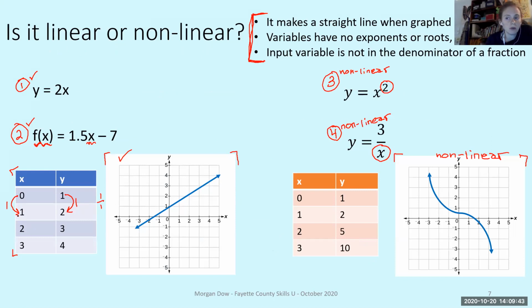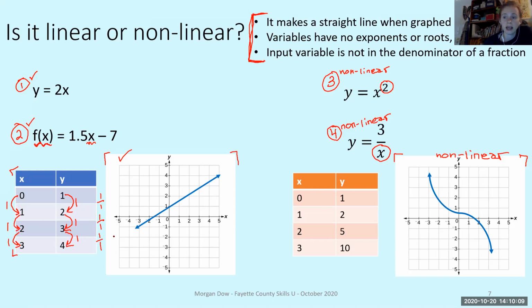And let's make sure, we want to see, does that ratio stay the same throughout the whole table? So when I go from 1 to 2, that's a change of 1. When I go from 2 to 3, that's a change of 1. So I get the same ratio, 1 to 1. And 3 to 4 is a change of 1. So again, I get this ratio of 1 to 1.